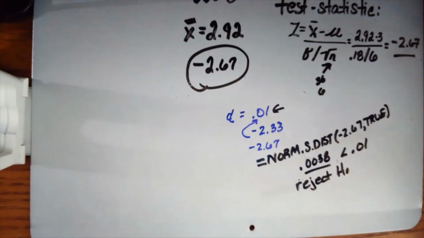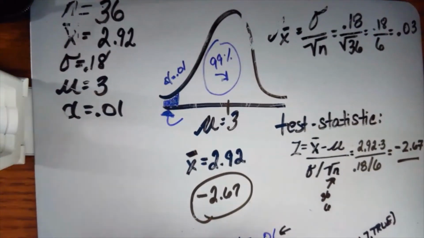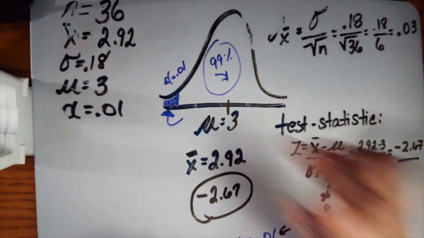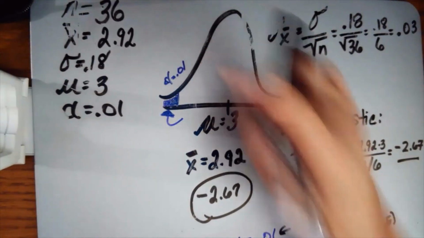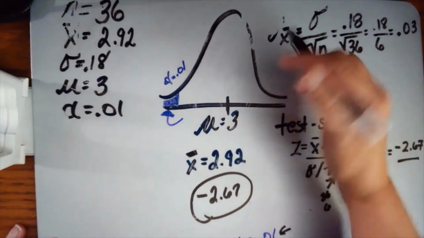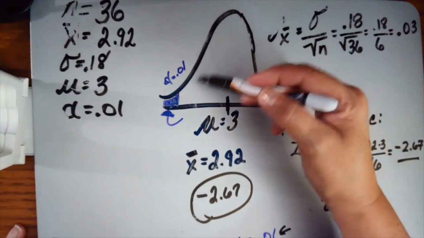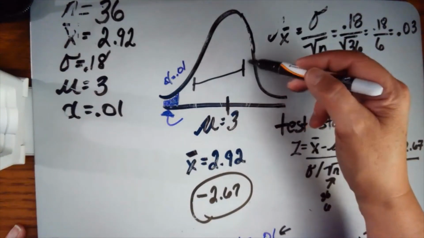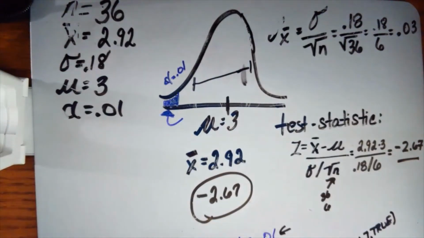Again, this is the process that we use when we're looking to test a manufacturer's claim. Remember that the manufacturer is claiming that their coffee cans, the average is 3 pounds. So they're saying that there's at least 3 pounds in each can. We take a sample.